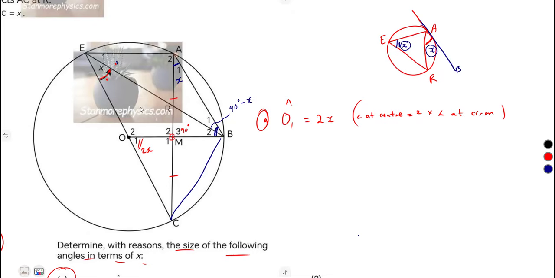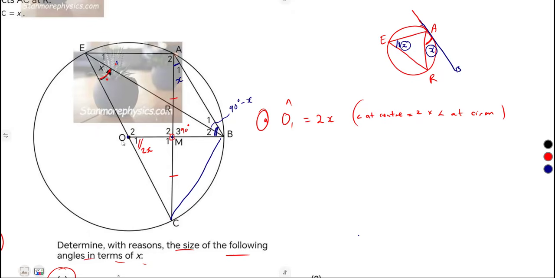Remember we have got these lines from A to E and from O to B. What we can do from the midpoint concept, because what we see is that in the triangle formed by A, E, C, we also have the midpoints on E to C. O is the midpoint, it's on the center.